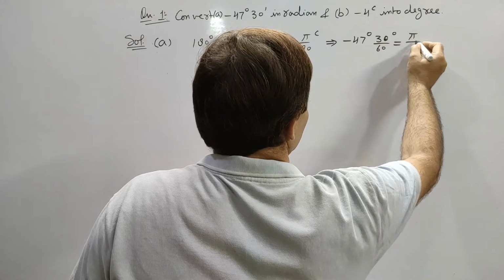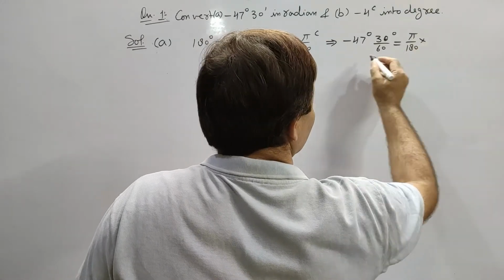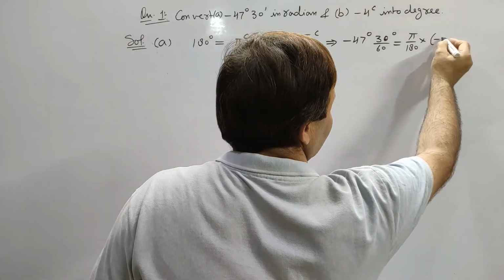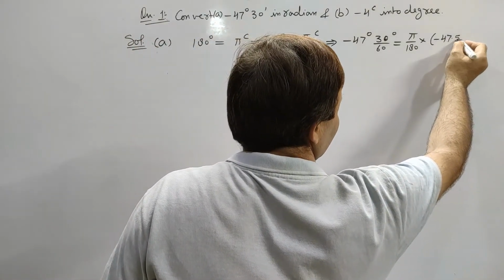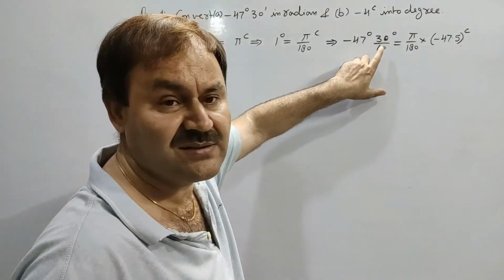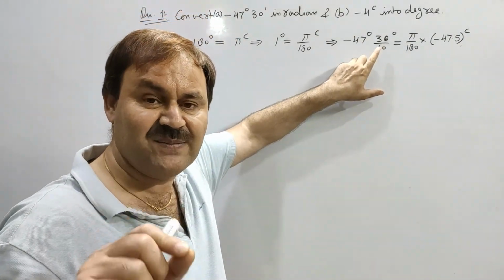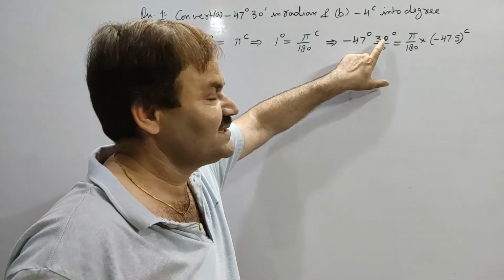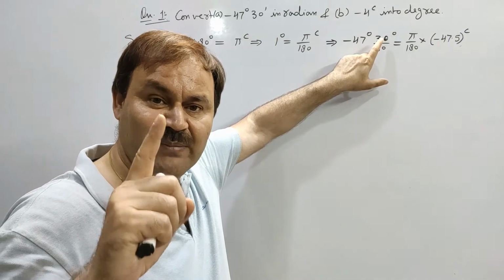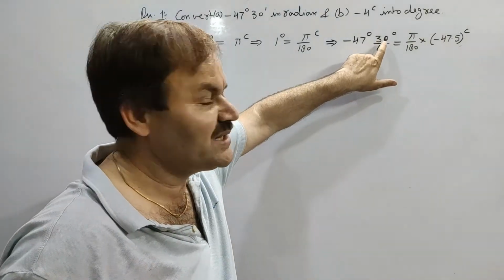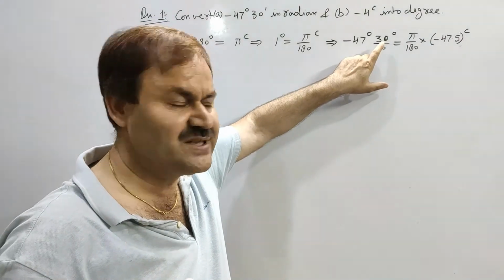Minus 47 degree 30 minute can be changed into complete degree, and since 1 minute is equal to 1 by 60 degree, 30 minute will be 30 by 60 degree.